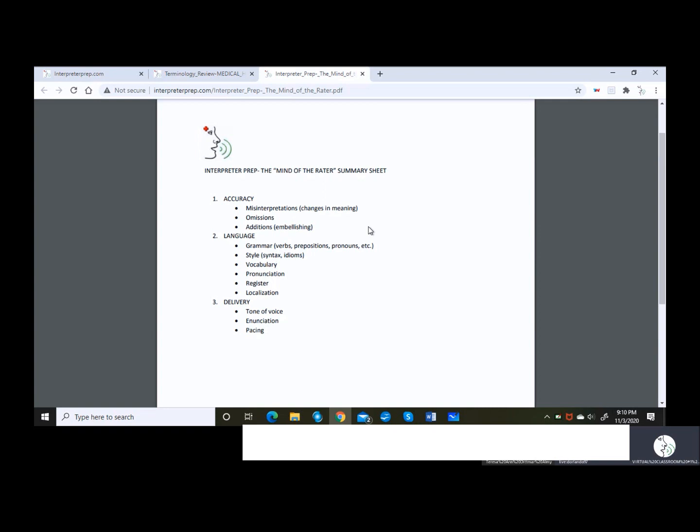And continuing on with the issues with inaccuracy, we also become inaccurate when we leave things out. We become incomplete, obviously, when we omit something that was said and we forget to interpret. Somebody might say, me duele la rodilla derecha y el talón izquierdo.